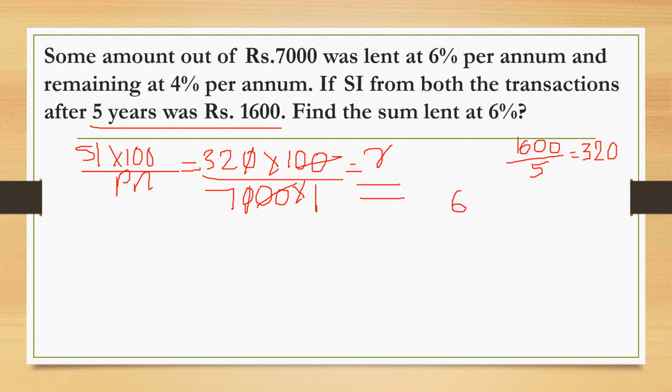Okay. And the remaining at 4% per annum. So we have to write this 4 apart. And in the middle, that is the rate from both the transactions, we have obtained it as 32 by 7. So we have to write in the middle as 32 by 7.